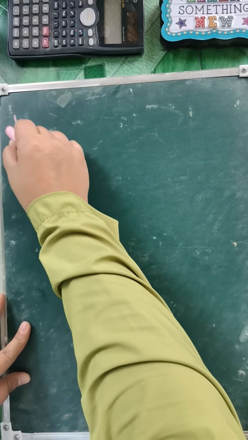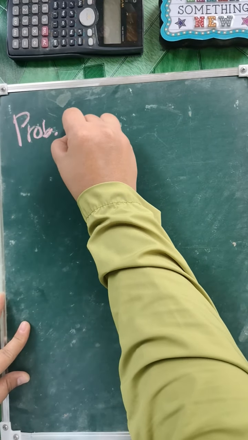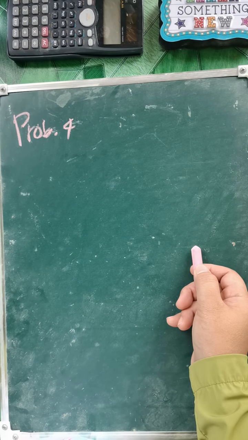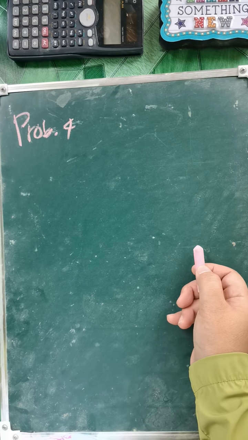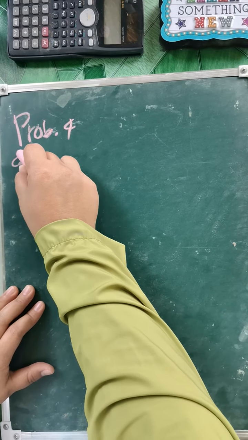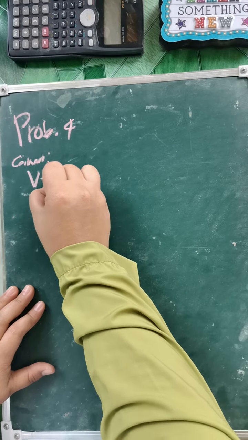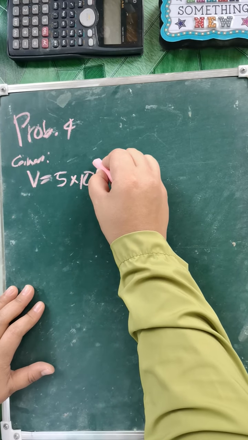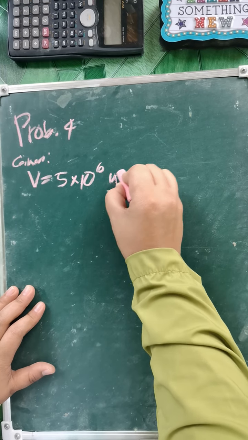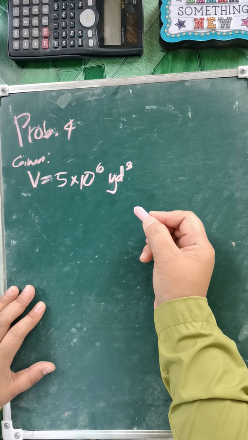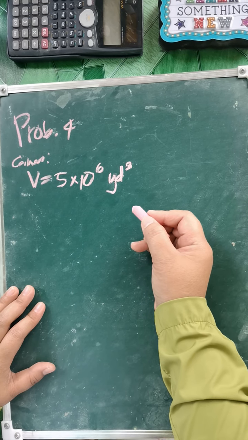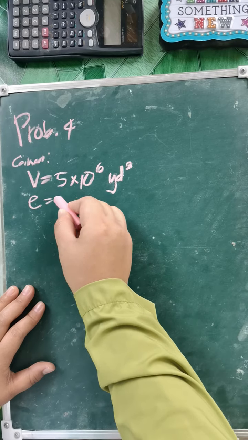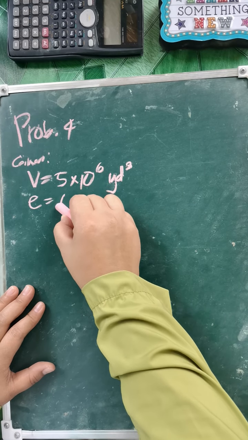Okay, so problem number 4, let's try to solve. So we have a situational problem of which the volume given here is 5 million cubic yards. And then we have also void ratio. The final void ratio for compaction is 0.80.